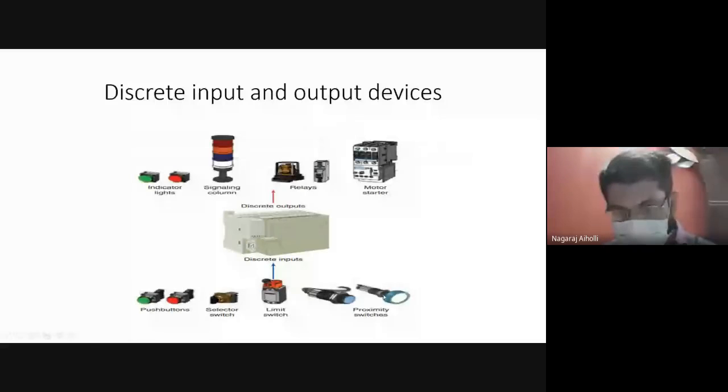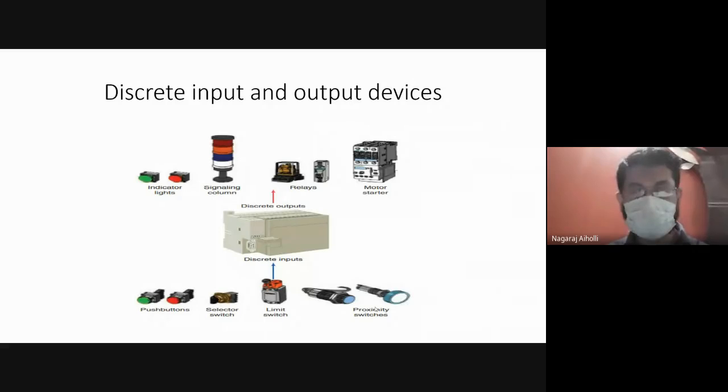The name itself indicates proximity. Proximity means nearness. When the distance between the object and the sensor or the switch is at a suitable distance, the switch will start to operate, its contacts will get closed, and the current starts to flow.